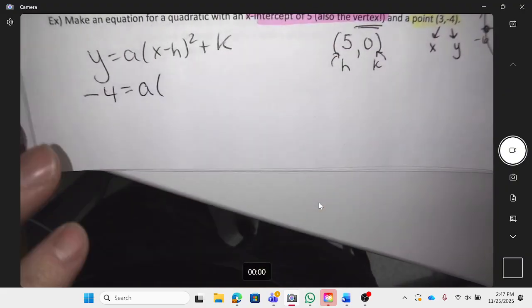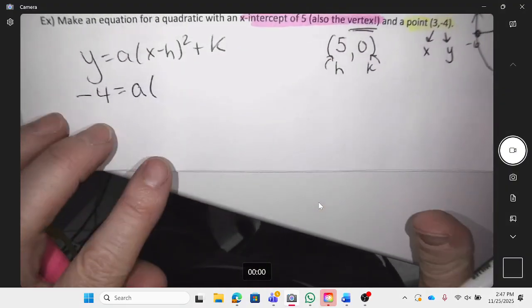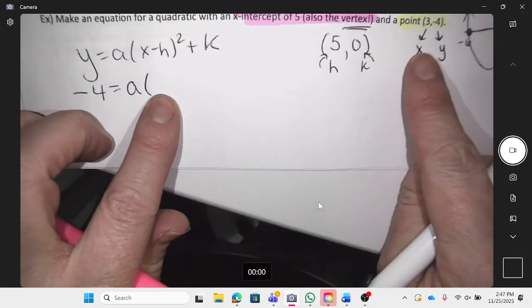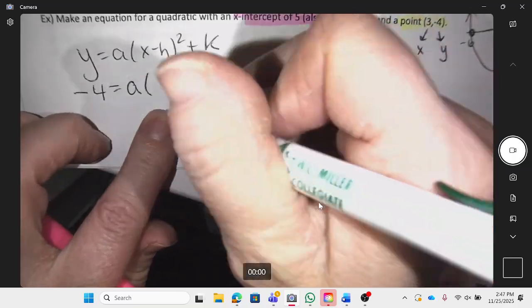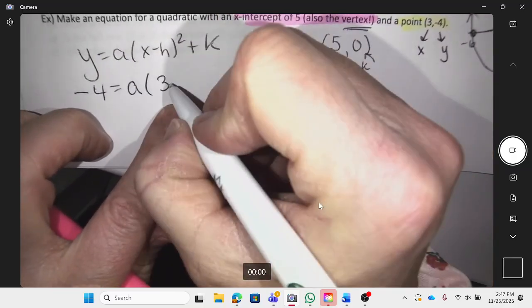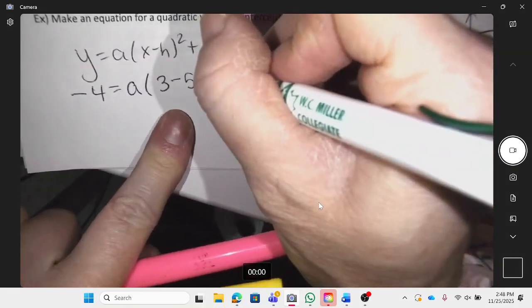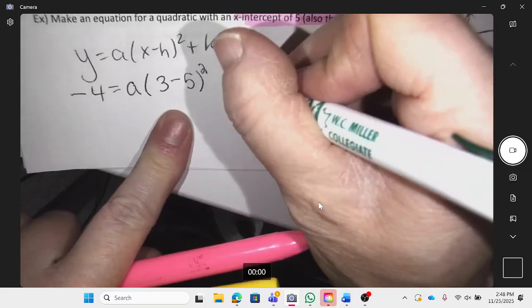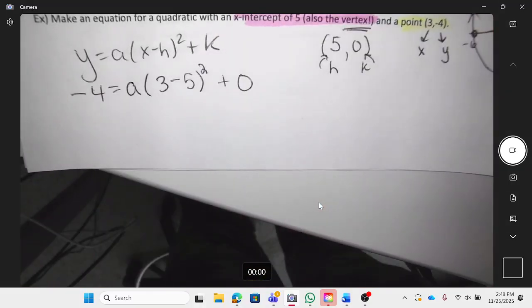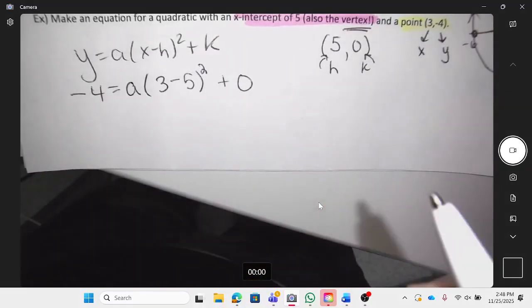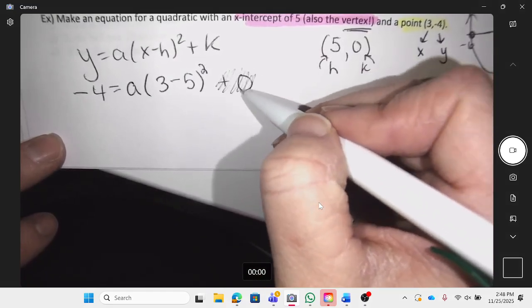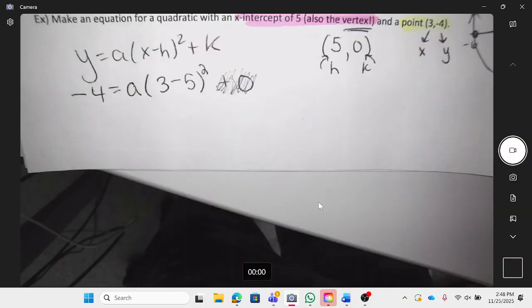A. X, what do you want to put in place of the x? 3. Opposite here, so subtract 5 instead of a positive 5, squared plus 0. Would you be okay if I did a little scratch off that plus 0? Is that okay?